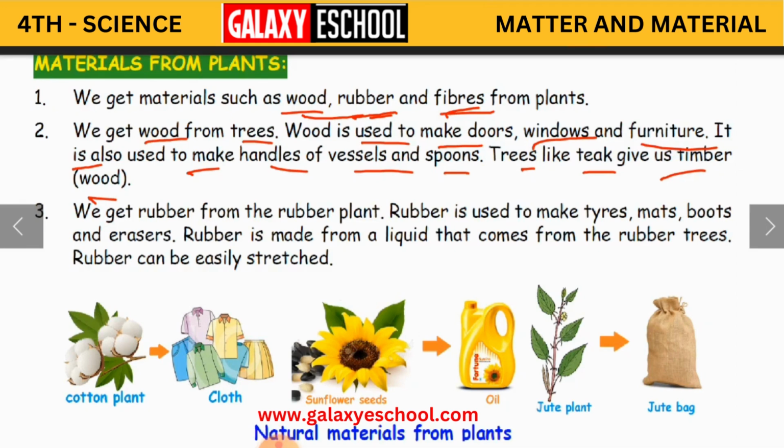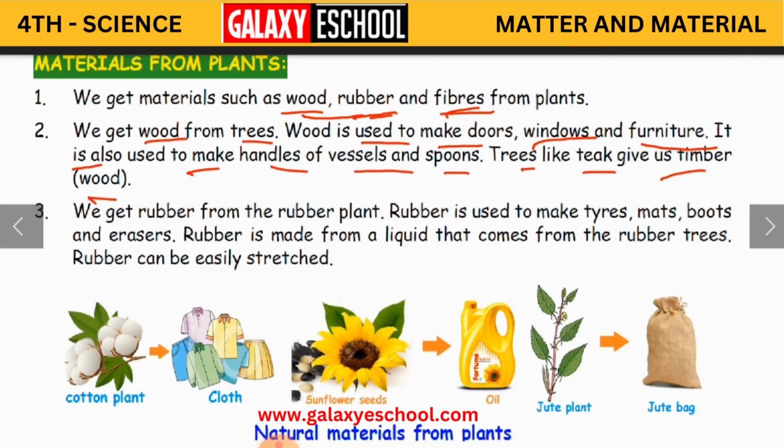Okay, children, where do we get this wood from? Wood from trees, and especially trees like teak give us timber. This is a very valuable wood. This teak wood is very valuable. Again, we have so many types of wood. Even bamboo wood is there.